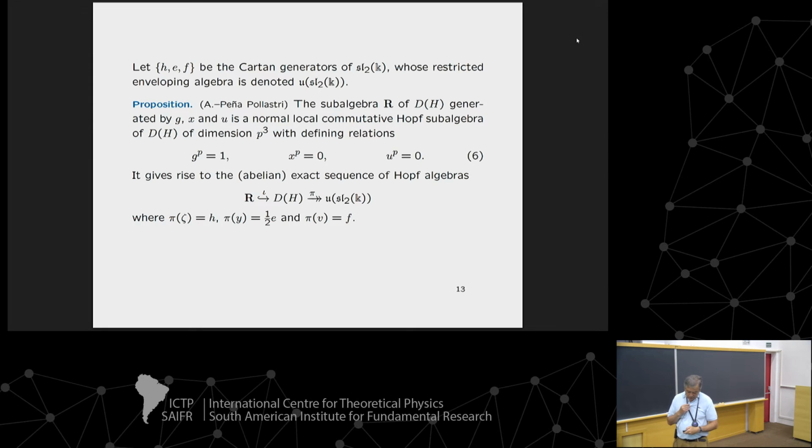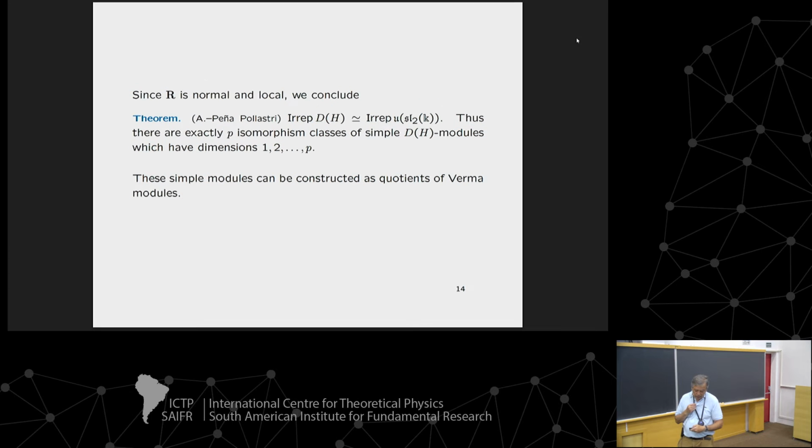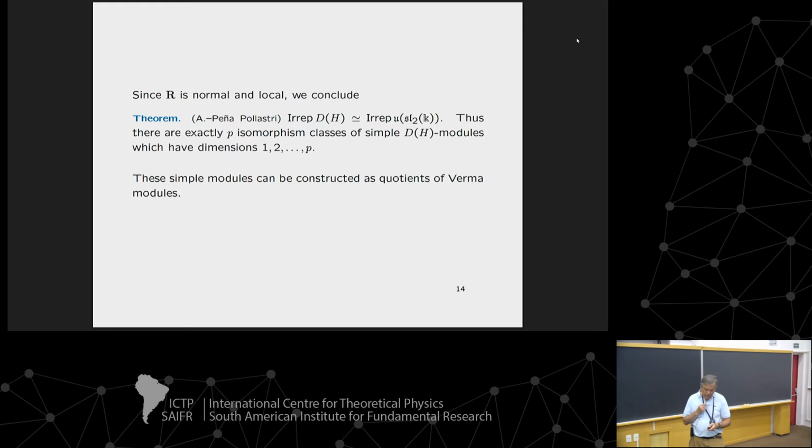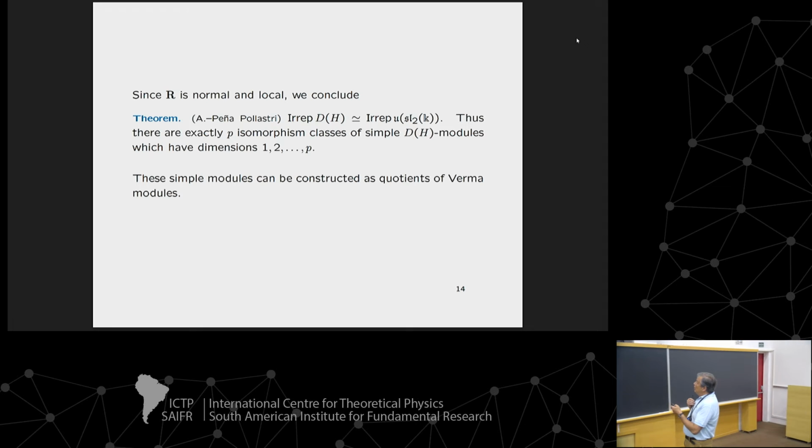Somehow surprisingly, in the middle of this bunch of equations, we could describe D of H in a better way. Now, as I said, R is normal and local. Therefore, we can obtain the following result, essentially coming from the Jacobson theorem: the irreducible representations of D of H are isomorphic, via pi, to the irreducible representations of the restricted enveloping algebra.